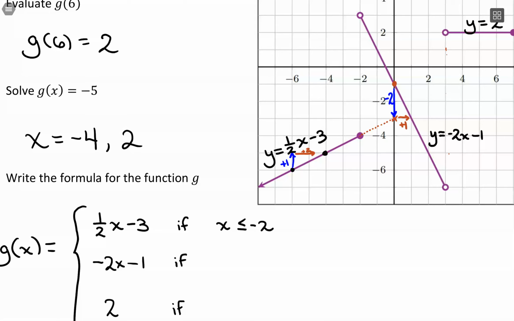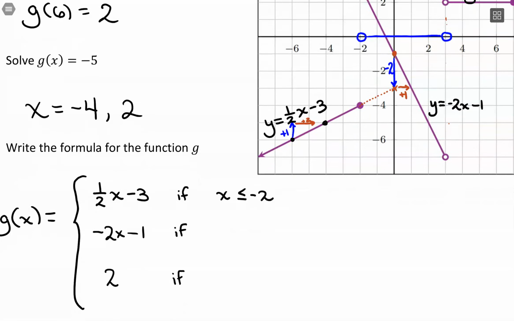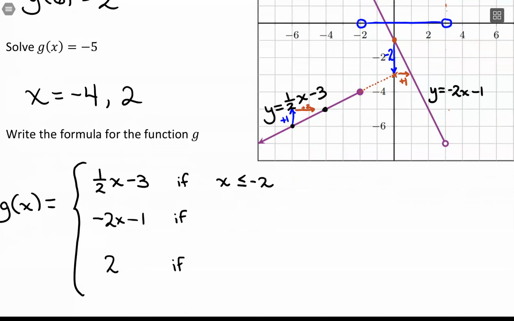Then for our second function, starting at negative 2 but not including it, and then we see this function up until positive 3 but not including positive 3. So this function is negative 2 is less than x. And we won't have the equals there because we have the open circles, and then less than 3.